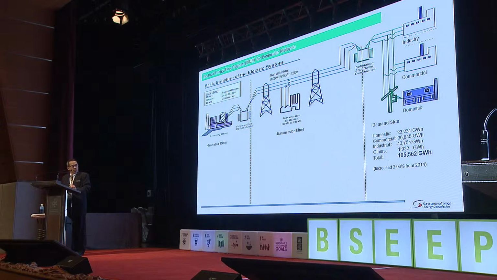The domestic sector is using about 23,231 gigawatt hours, commercial 36,000, industry 43,000, others 1,900 gigawatt hours, and in total on the demand side is 105,562 gigawatt hours, an increase compared to the previous year of 2.3%.